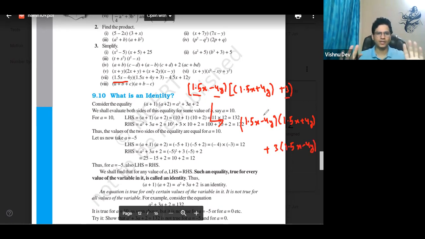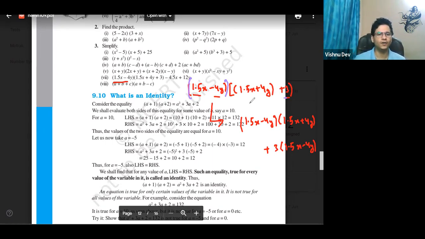Take your time. Many of you might not get it at once because you did not solve it enough. So try to solve it by yourself first. We are using distributive property only, we are not doing anything else.